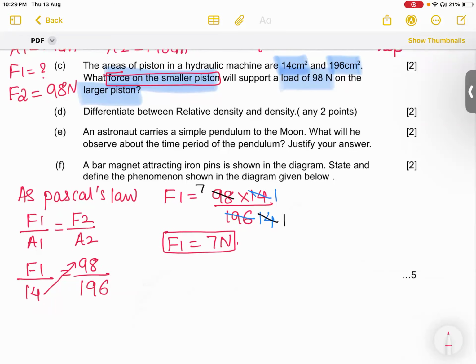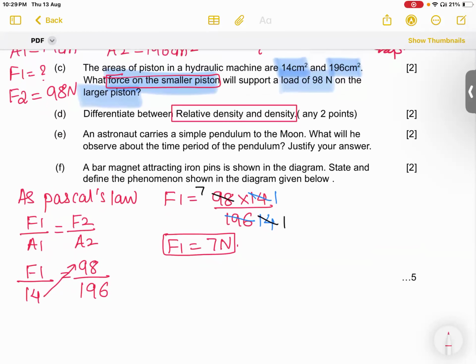Next question is differentiate between relative density and density. This is simple, guys. I will first go with the definitions. Relative density is the density of any substance divided by the density of water.